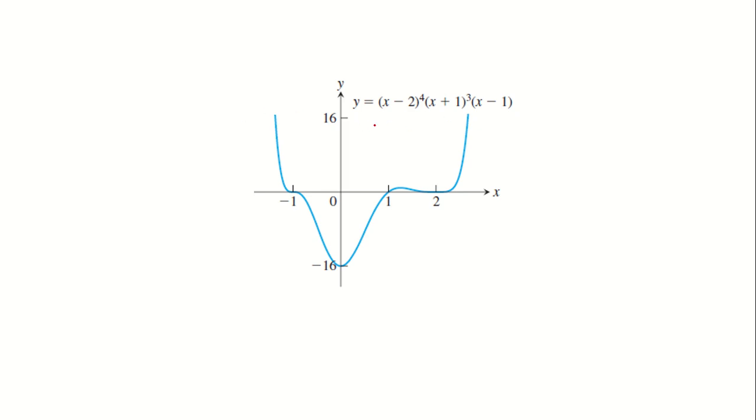Here is another one. This one is also a polynomial. If we simplify this, then we will have the power of variables as natural numbers.